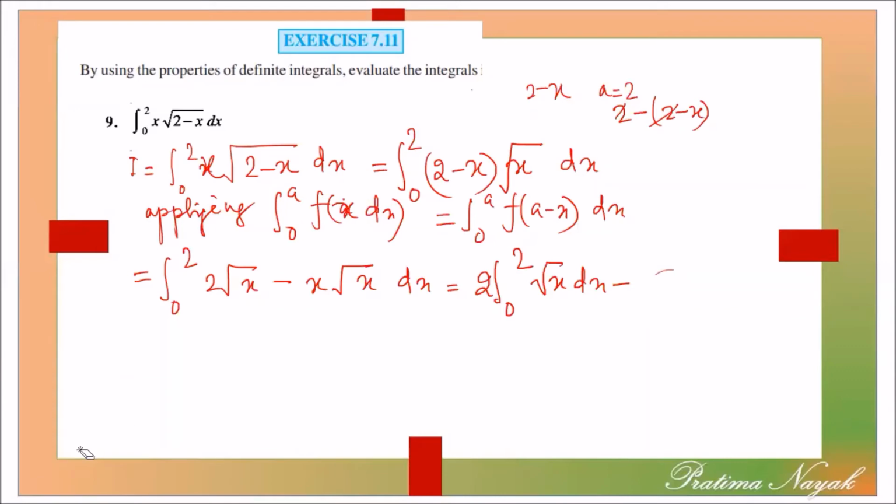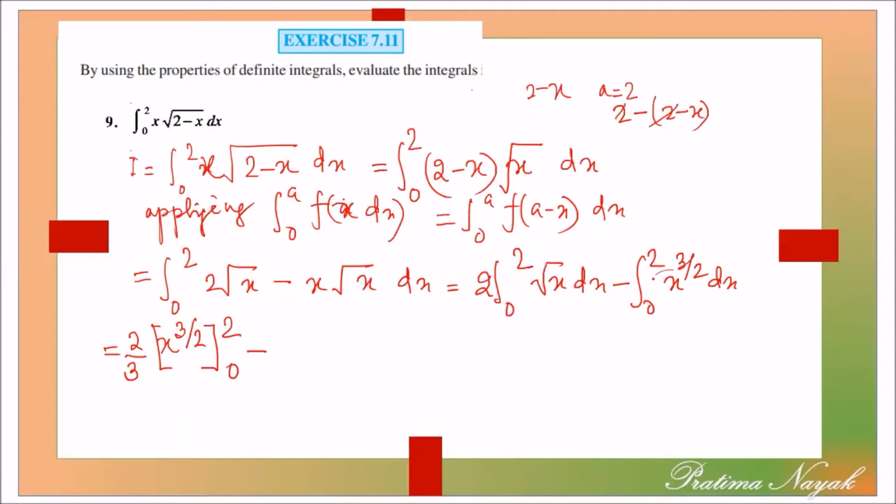It is x root x. If you multiply, this gives you x to the power 3 by 2. So x to the power 3 by 2 dx. So the integration of root x is x to the power 3 by 2 divided by 3 by 2, or I'll write 2 by 3 instead of 3 by 2 in the denominator, from 0 to 2.